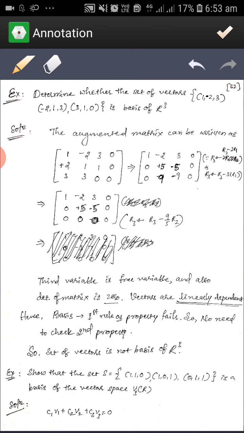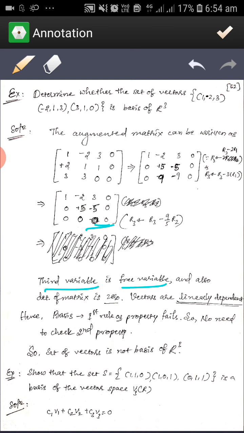Write the vectors as a matrix, add the augmented column of 0, and apply row operations. After doing this, you can see that the third variable is a free variable.